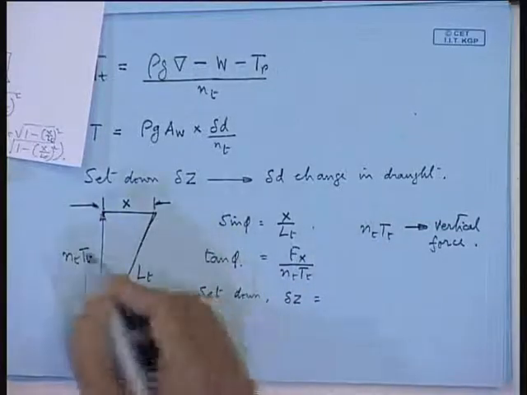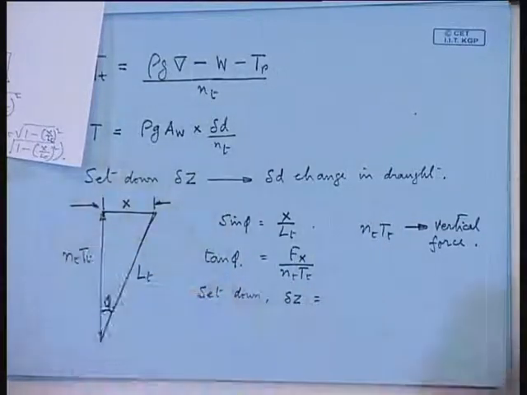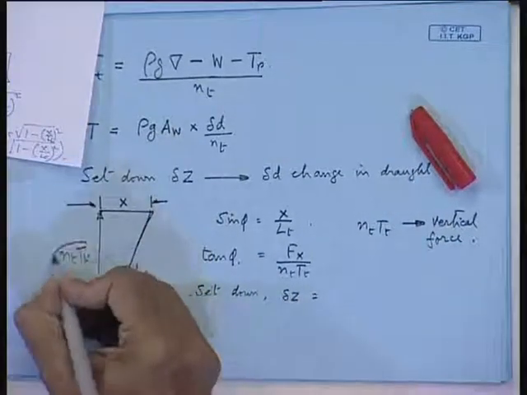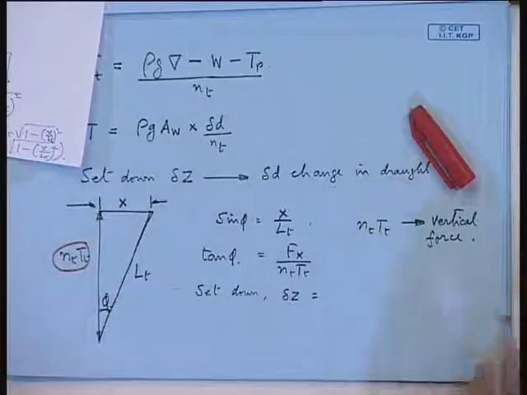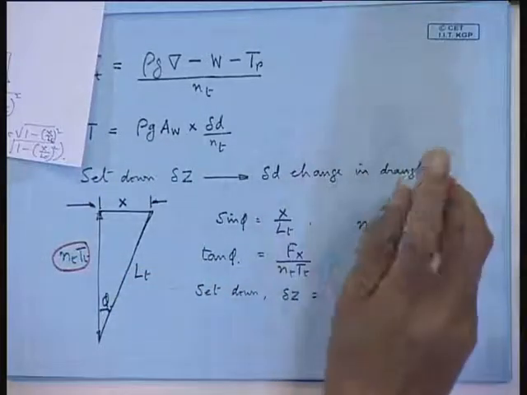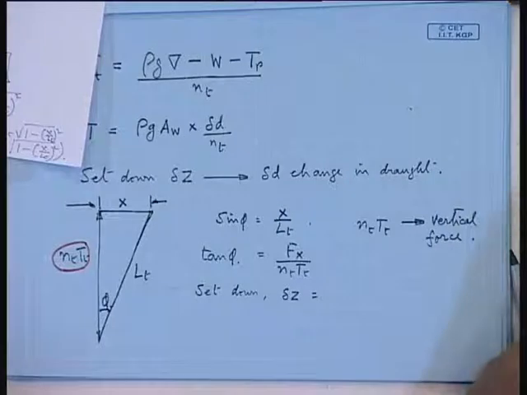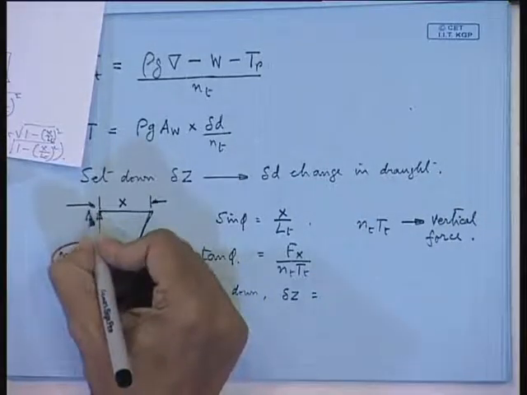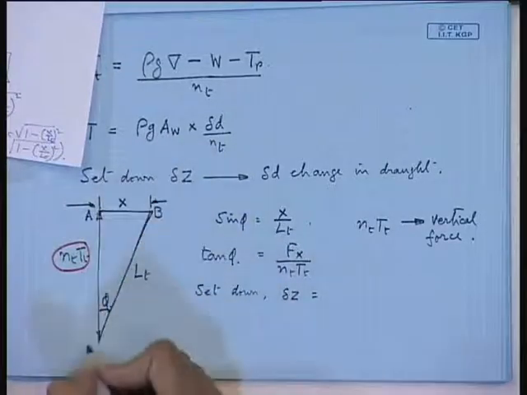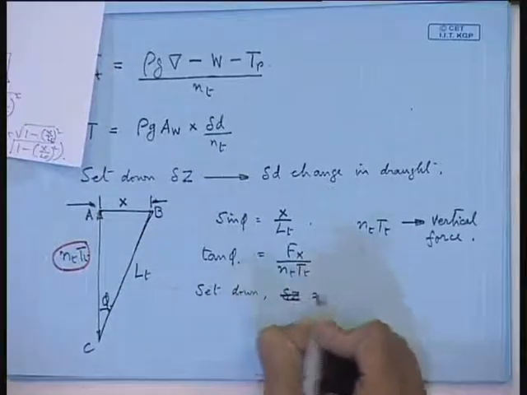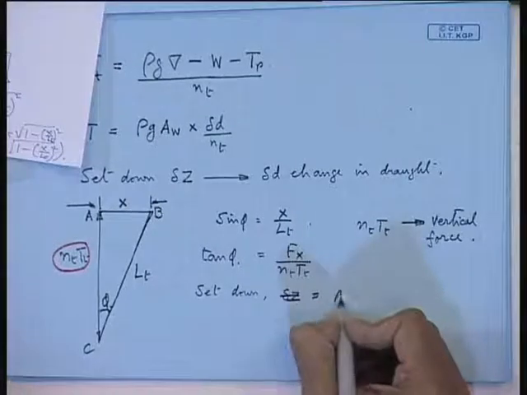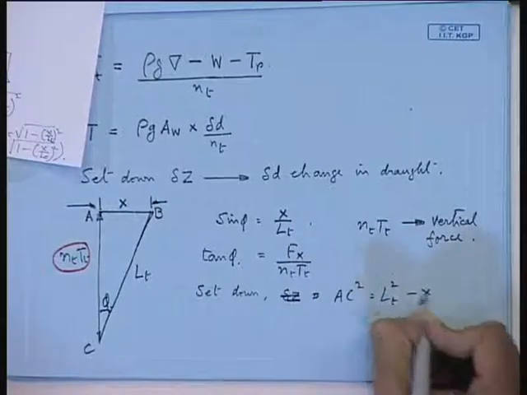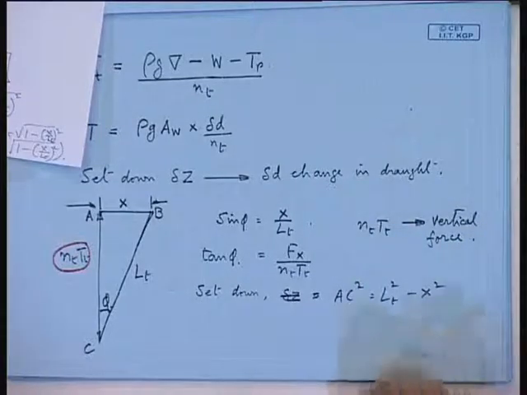So, this arm is, do not mix up with this force equation, you just calculate the length. So, how much is that length? Say first you calculate this A, B, C, you forget about delta Z. So, AC squared is equals to LT square minus x square, followed.